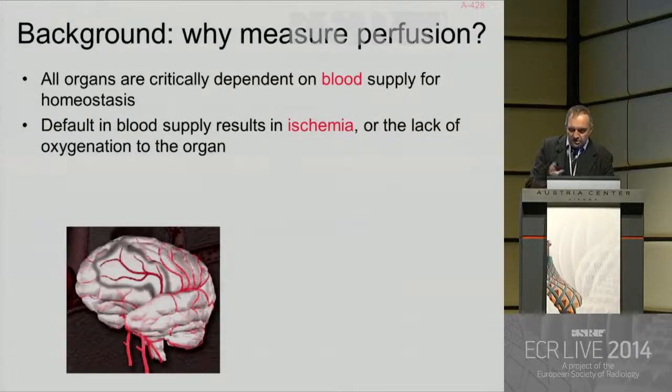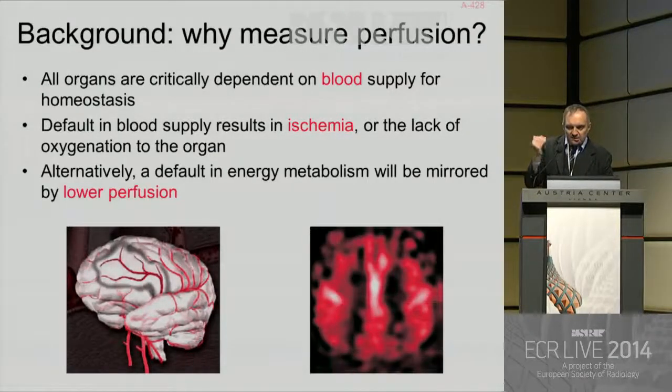Now, the other possible use of perfusion is not as a diagnostic of a lack of blood to tissue, but as a secondary event from the fact that a part of the tissue, the brain in this case, will show low perfusion because it doesn't work very well.